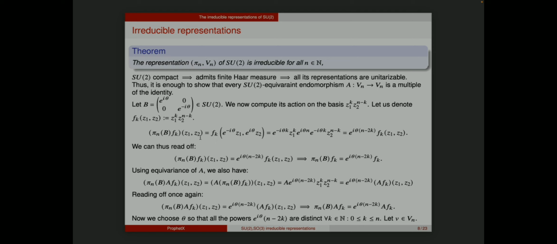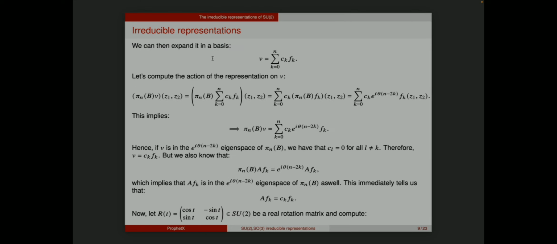Okay, so now we choose theta so that all the powers e to the I theta n minus 2k are distinct. I'm sorry, there's a typo, so the n minus 2k should be above here, up. And now we pick an arbitrary element V of the vector space Vn, which we constructed. And because every vector space admits a basis by the axiom of choice or by Zorn's lemma, we can expand this V in the basis, right? And using this, we can compute the action of the representation on this given vector.